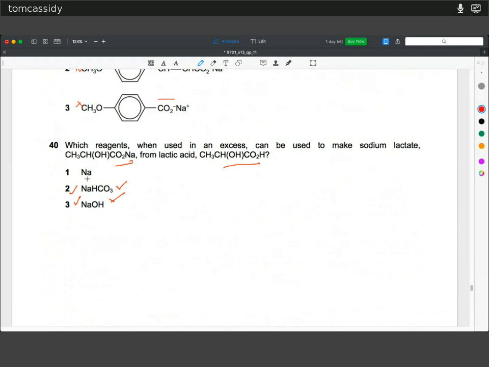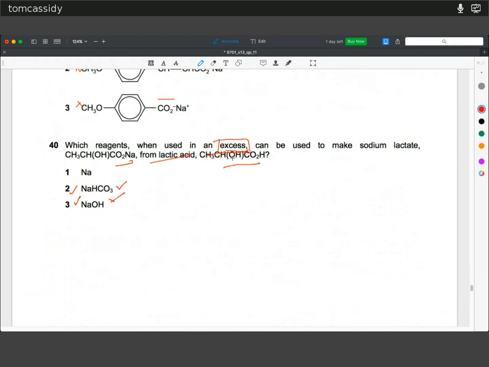So I mean, you remember that from GCSE, adding sodium to water. It's a very violent reaction. We're not adding it to water here, we're adding it to an acid. And so you just add sodium to the acid, probably you get some kind of explosion, but you certainly don't need an excess of sodium. It's going to react straight away. So the key at this point, I think, is the fact they're asking for an excess.